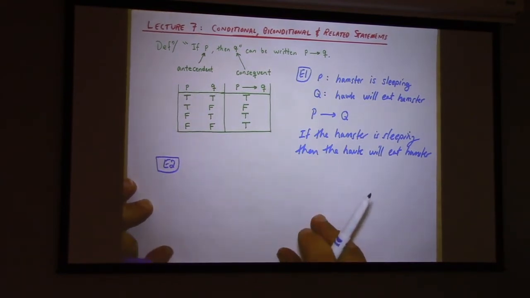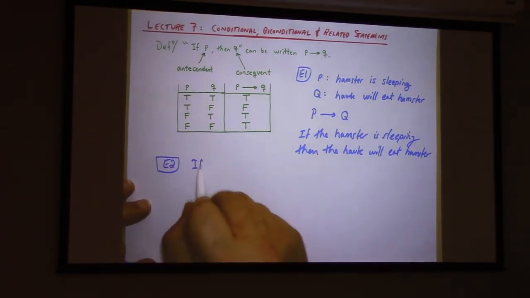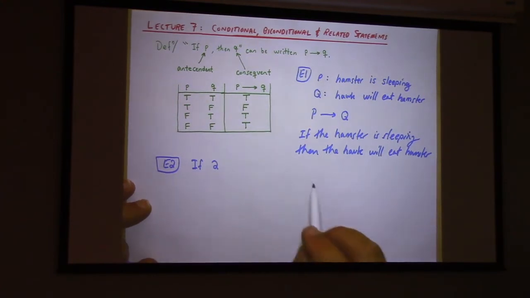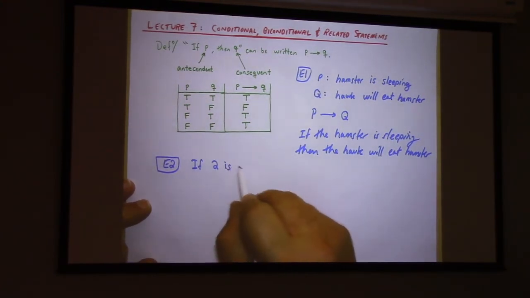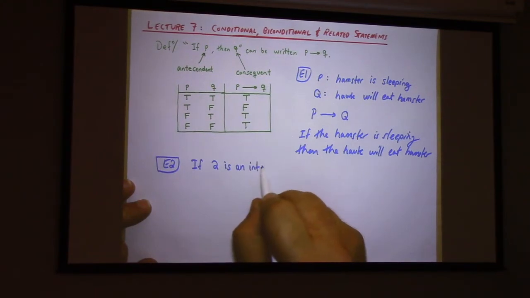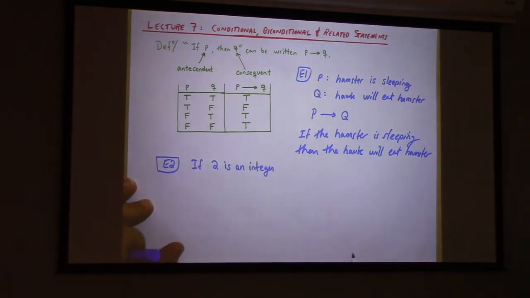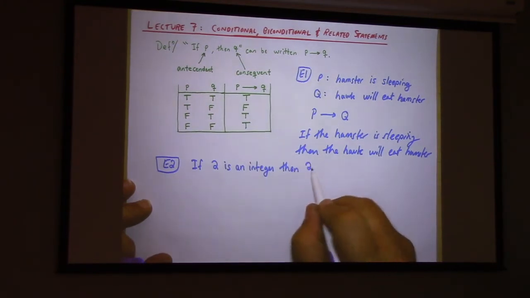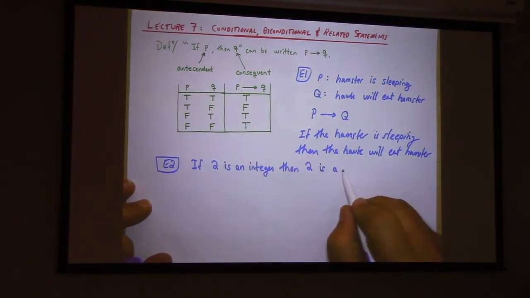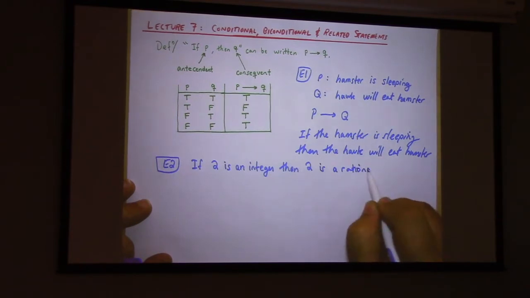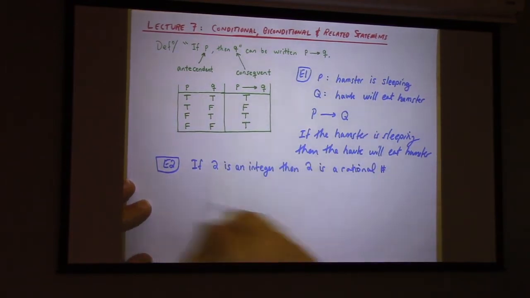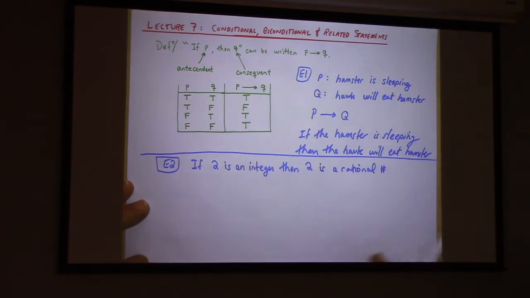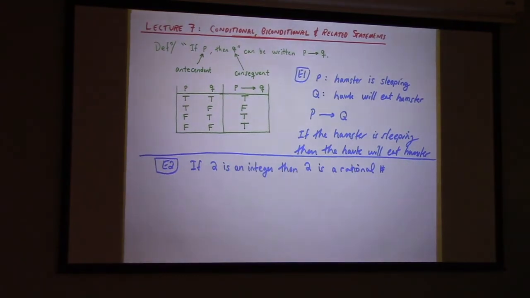Suppose we look at: if 2 is an integer, then 2 is a rational number. That's one we could look at. So let's just evaluate this sentence. Is this implication true?